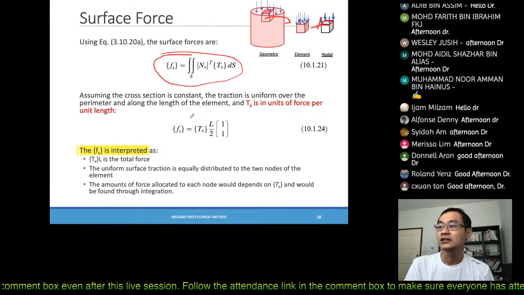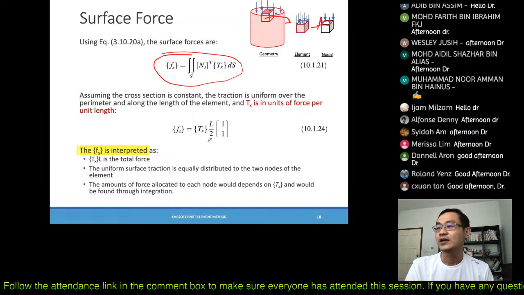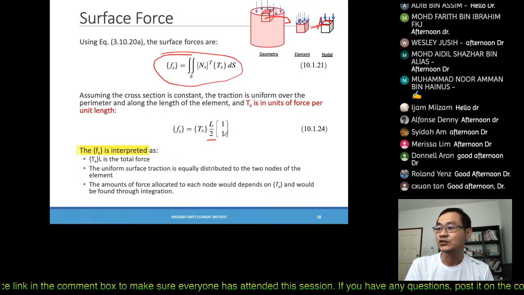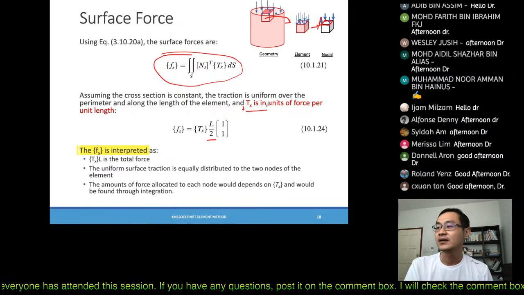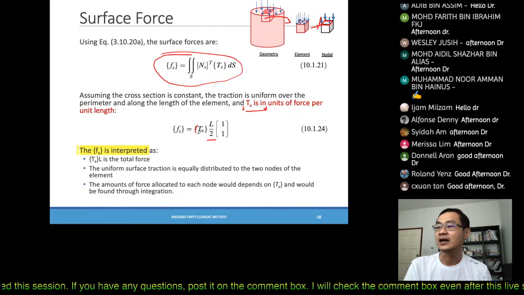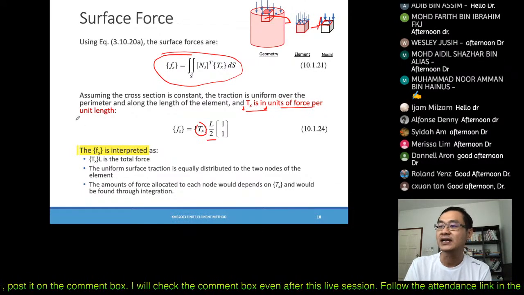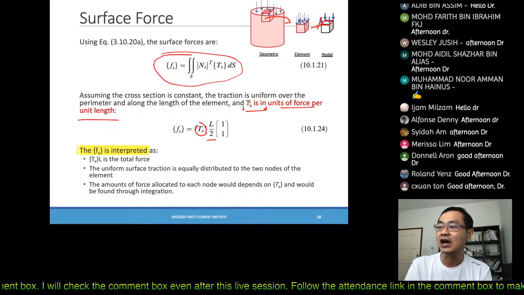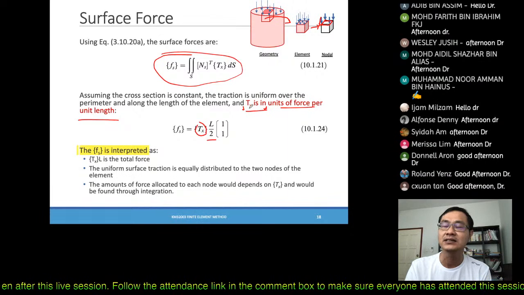Therefore, the formulation is very similar. We have the L over 2 distributed between the two nodes, with this ratio Tx, which refers to the unit force per unit length. How much force acts per one length of that particular element.